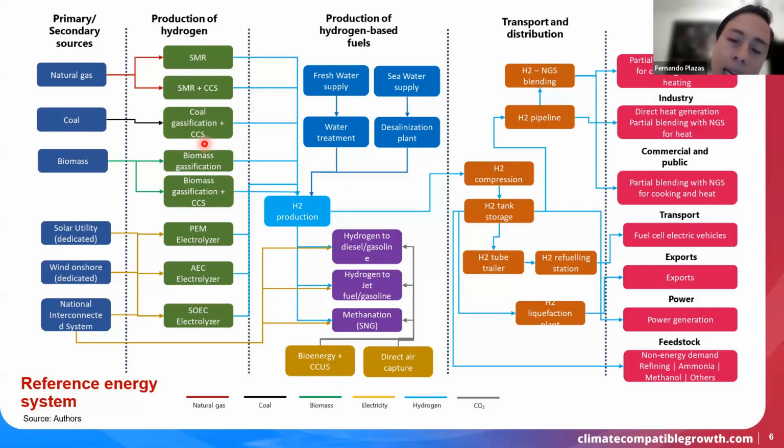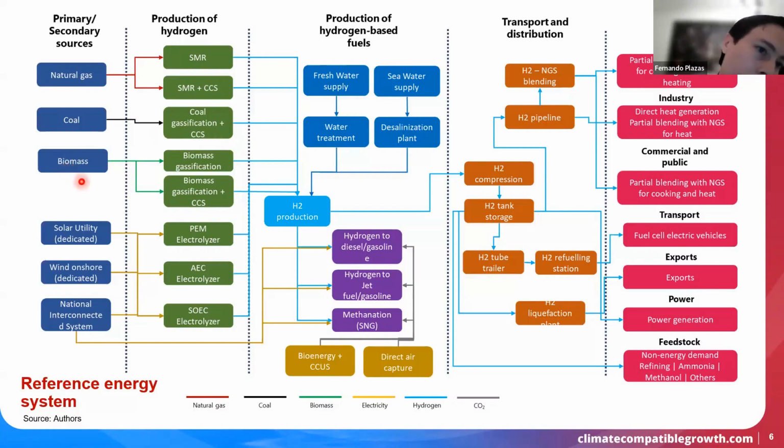It is not a clean option, right? And if we are using coal, it would be basically the same, so we would have a large footprint in the process. So it's important to include CCS.